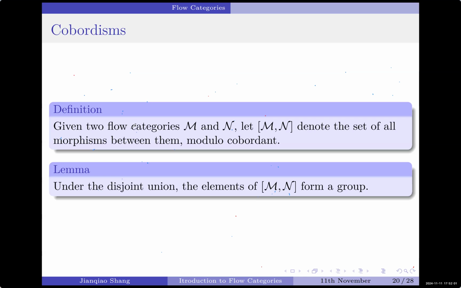For two categories, we can naturally consider the set of all morphisms between them, modulo the cobordant, as what we did in algebraic topology. And I claim that under the disjoint union, the elements of the cobordism classes of morphisms form a group.